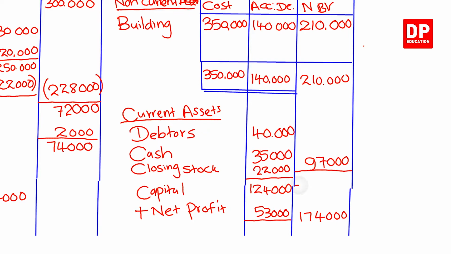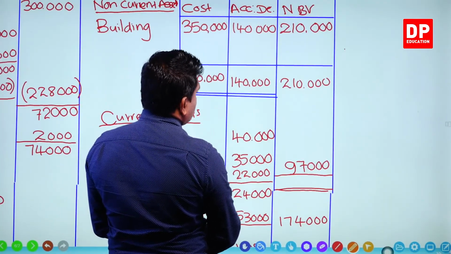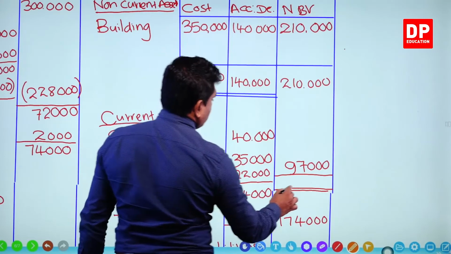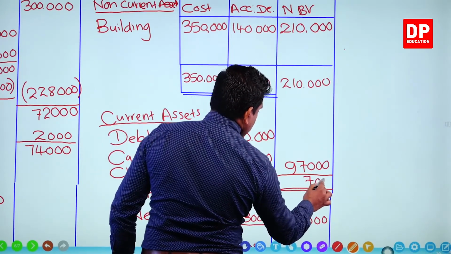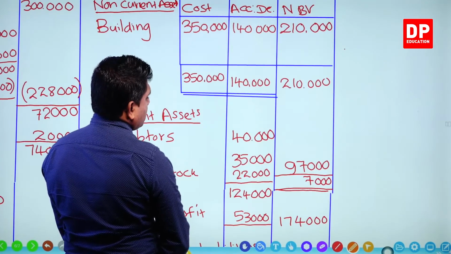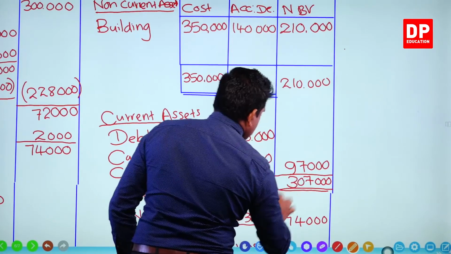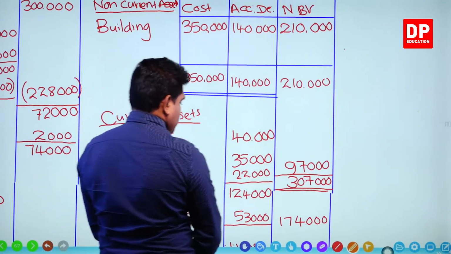Non-current assets say how much? Non-current assets 210,000. See the total? 307,000 is the total assets.